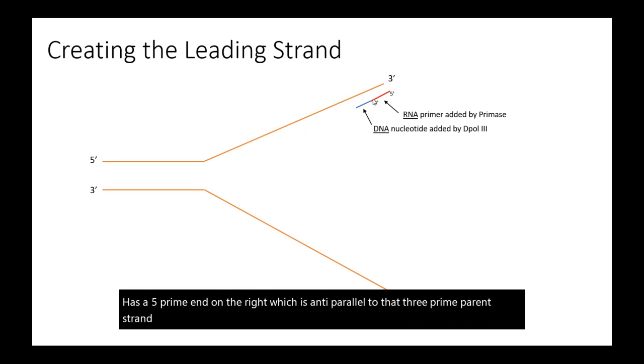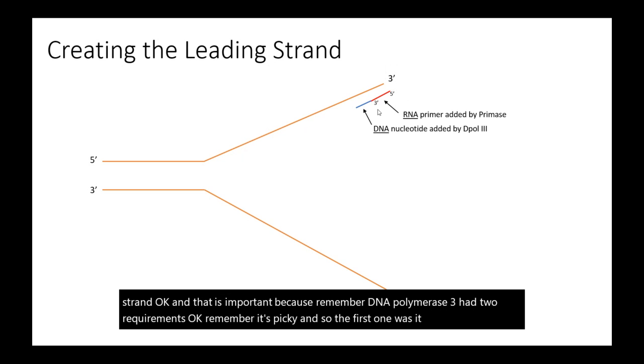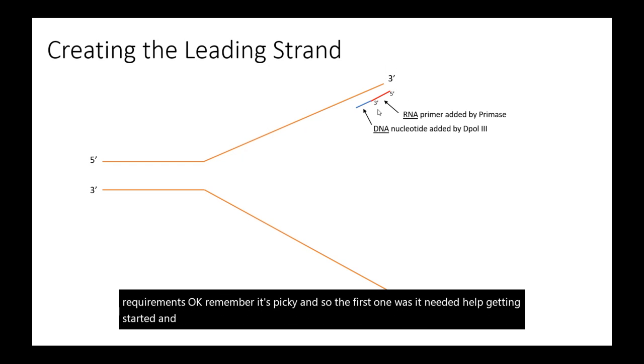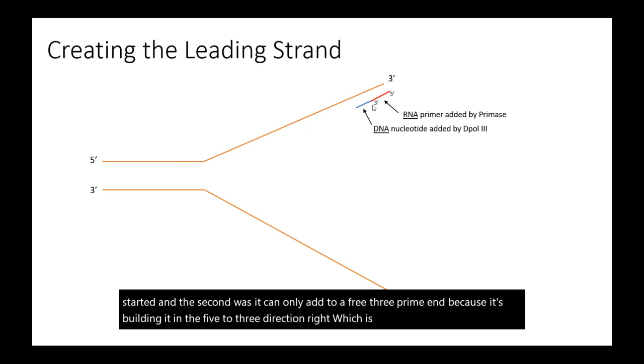Okay, and that is important because remember, DNA polymerase 3 had 2 requirements, okay? Remember, it's picky. And so the first one was it needed help getting started, and the second was it can only add to a free 3' end because it's building in the 5' to 3' direction, right? Which is what you see here.